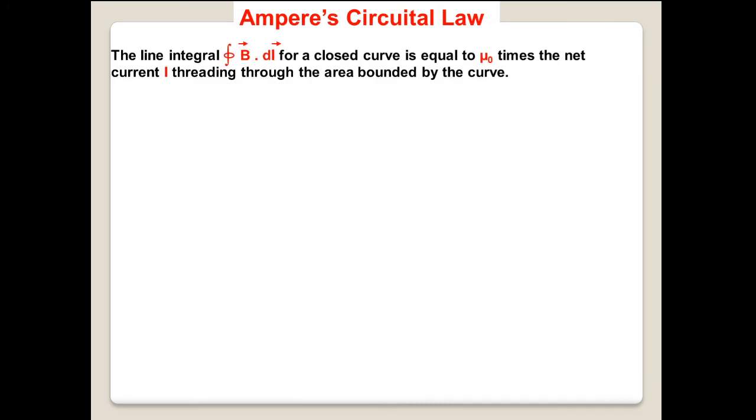First, the statement: the line integral of B dot dl for a closed curve is equal to mu naught times the net current threading through the area bounded by the curve. Ampere's circuital law considers an open surface with a boundary.